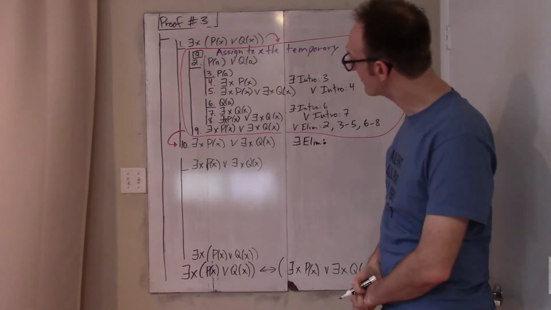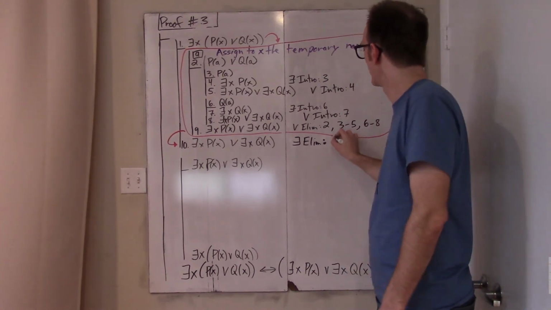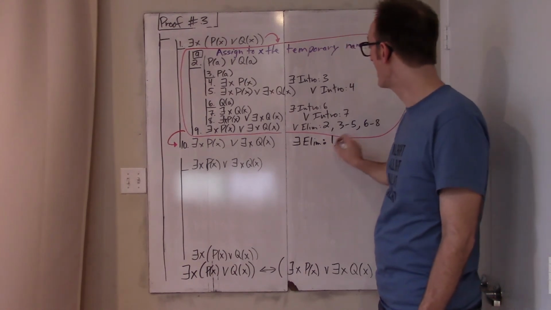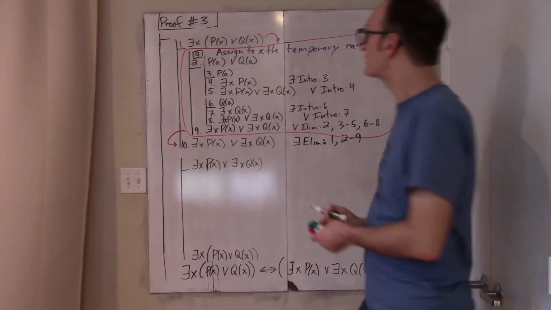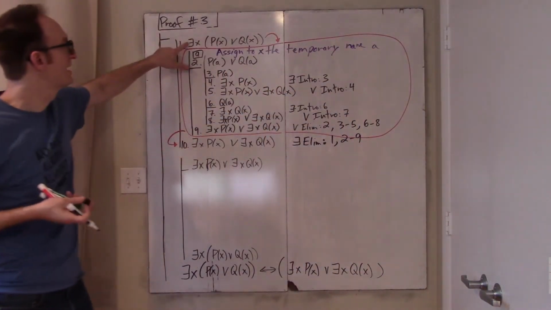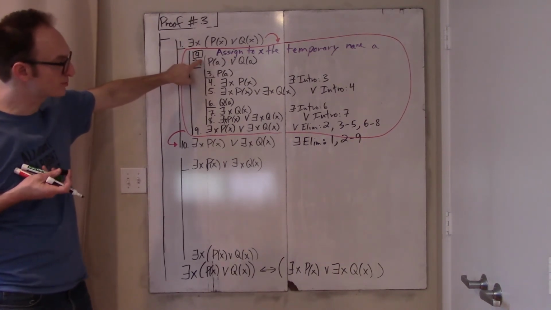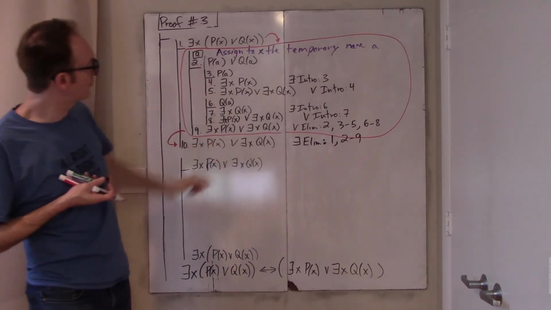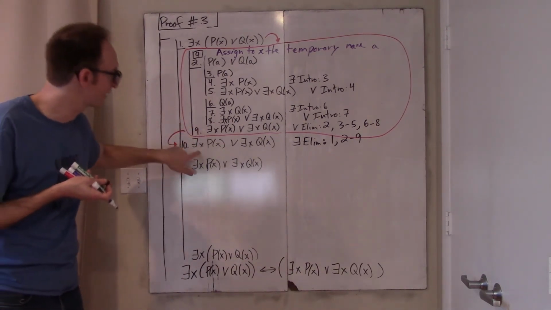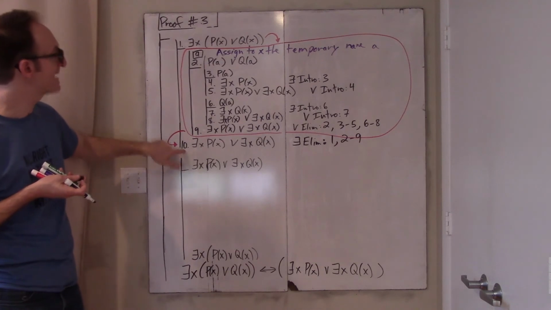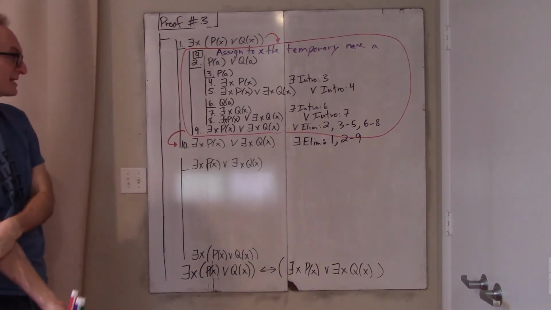So the justification for line 10 is existential elimination, line 1, 2 through 9. In other words, I had an existential, I temporarily named that x A. I did a subproof which terminated in a fact independent of A, and so now that fact simply follows back in the main bar as a direct consequence of line 1, so at the same indentation as line 1.